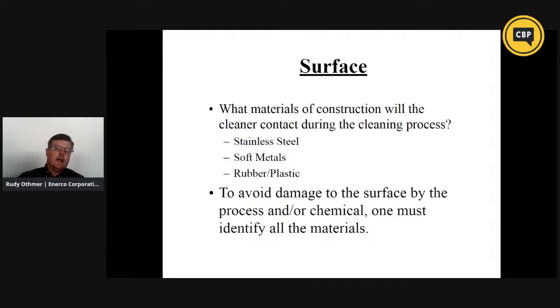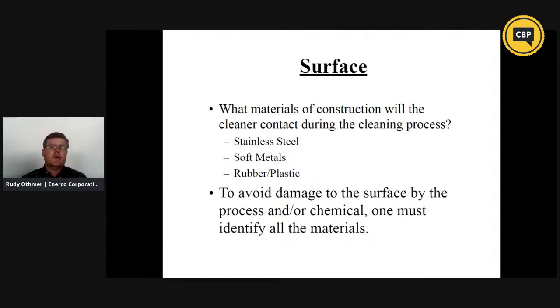Also, what kind of gaskets, what kind of rubber do we have on our fittings? Are we using flexible hoses that are a Buna-N or an EPDM? So know your materials of construction for the whole system, not just for part of it.